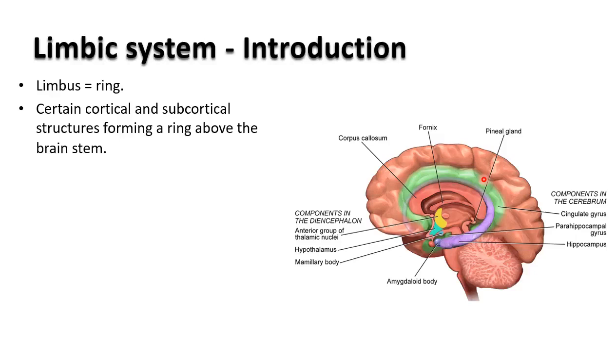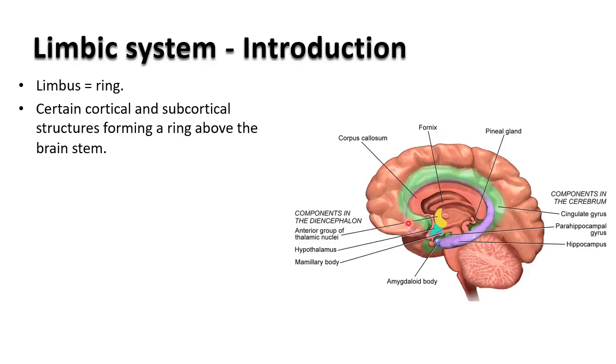Of course, it projects to many different areas. One thing you are able to see is this very wide area of the cortex, which should be your cingulate gyrus.